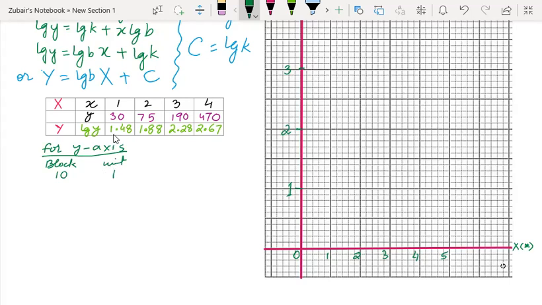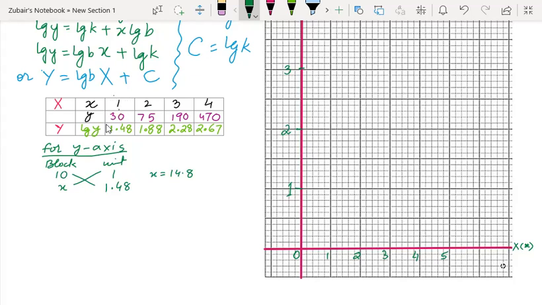According to the first one, 1.48 units should be equal to what? 10 multiplied by 1.48 will become 14.8. So x is equal to 14.8 for this.